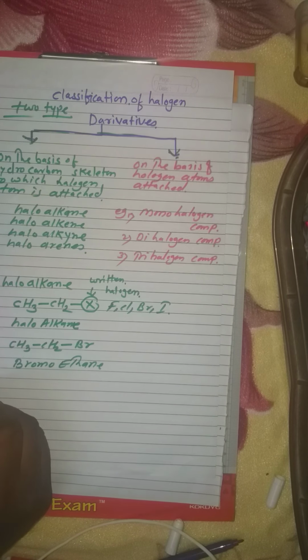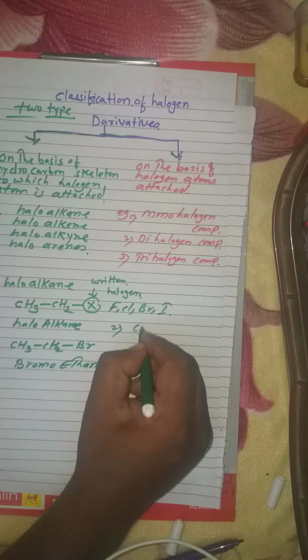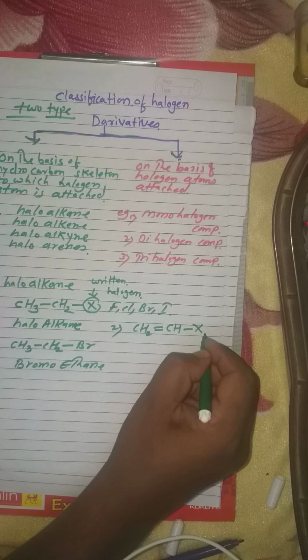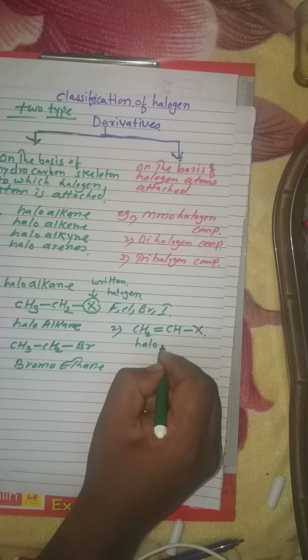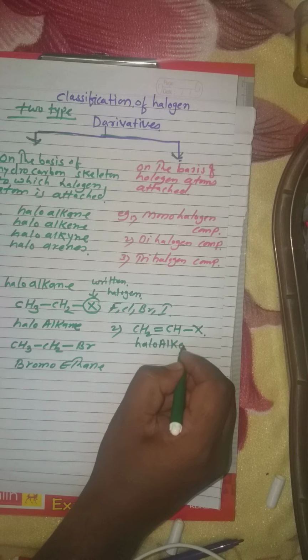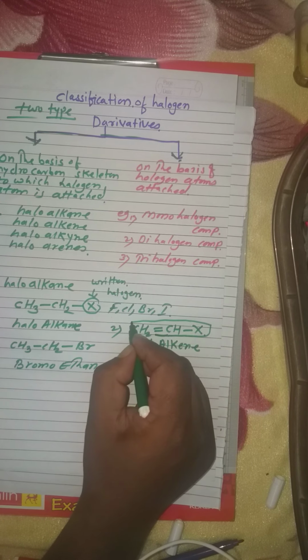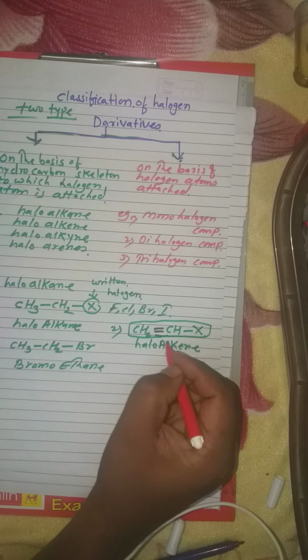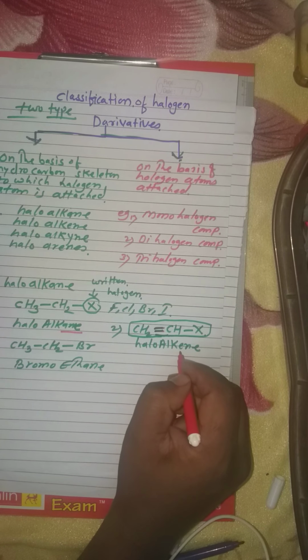Now second example is what? CH2 double bond CH X. Now this example is called as a haloalkene. Now dear students, keep in your mind, in this compound double bond comes between this compound. The presence of double bond changes alkane to alkene.